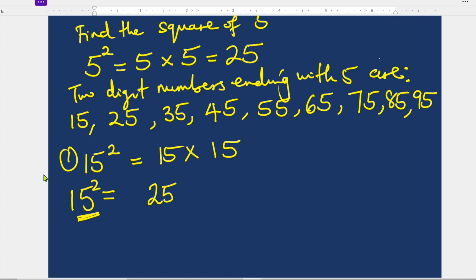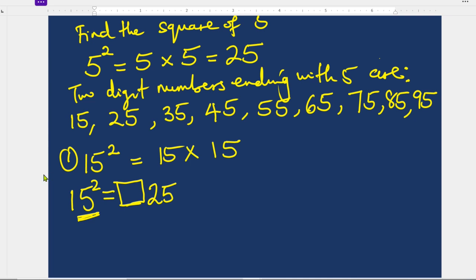So how do I get the next number that will be on the left here? Let me say I have a box here, which means I should write a particular number in the box. Then I have 25 ending the number.